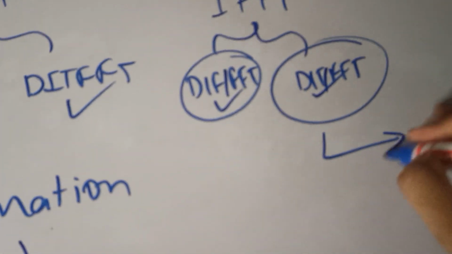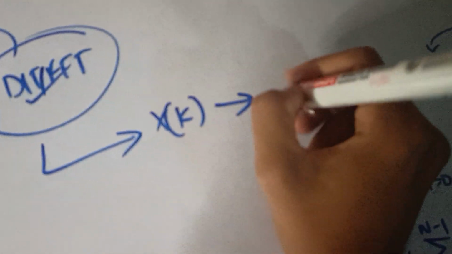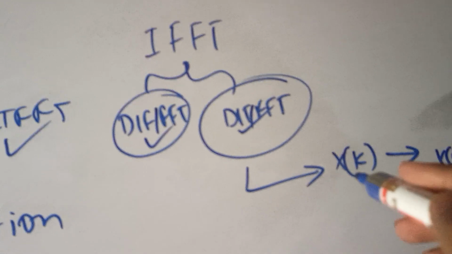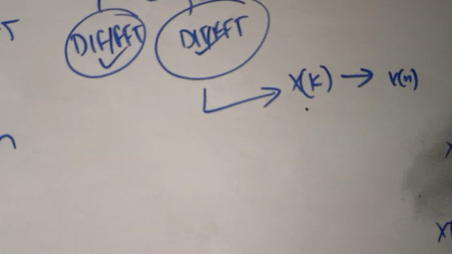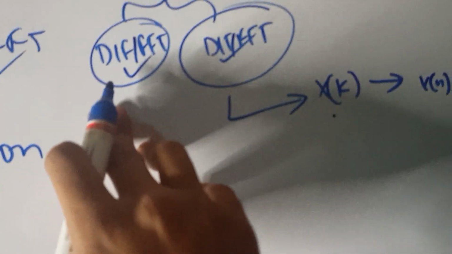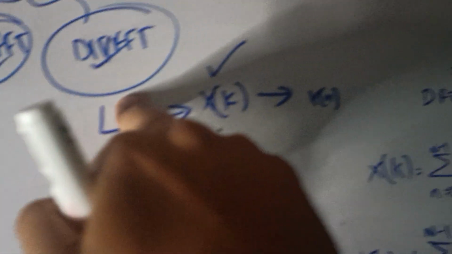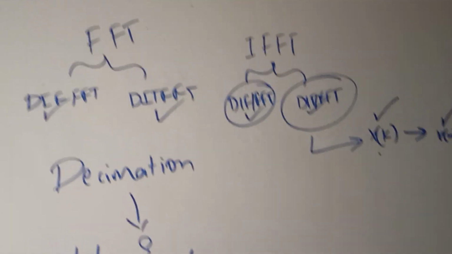Here we get the time domain equation from the frequency domain equation, but depending upon whether it is DIF IFFT or DIT IFFT, we group the elements in the frequency domain or the time domain respectively.